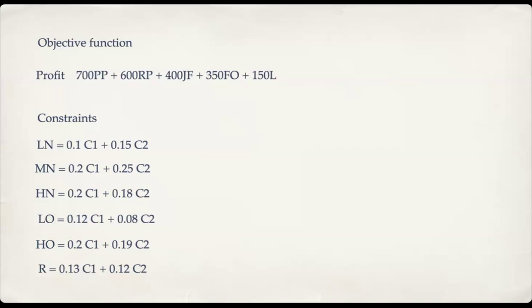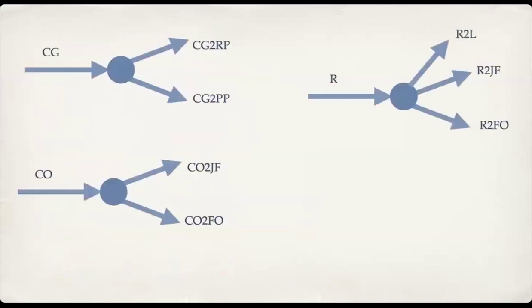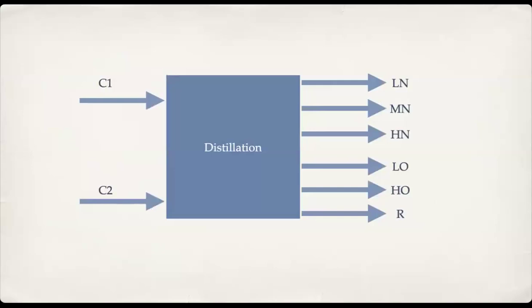And the profit is contributed by the profit from premium petrol, regular petrol, jet fuel, fuel oil, and lube oil. So what about the decision variables? The decision variables are all variables we show here, in each stream.